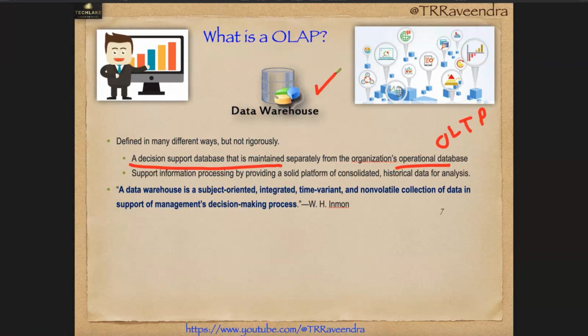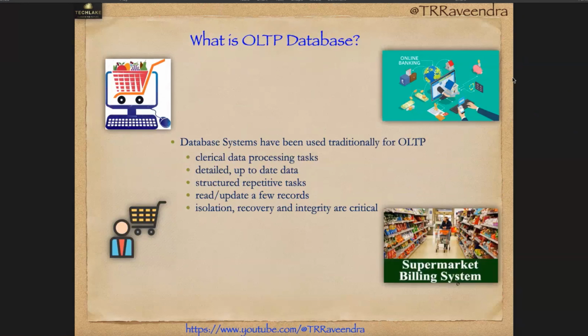A data warehouse is subject oriented, integrated, non-volatile, and time variant, a collection of data on different subjects. Mainly we use it for decision making, meaning organizations use it for analysis purposes. Both are databases only, but the purposes differ. One is for analytics, OLAP, which we call a data warehouse. The other is for transactions, OLTP, mainly the application backend databases that support the transactions.